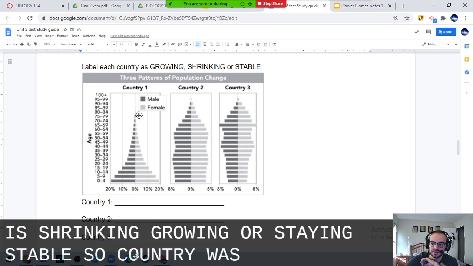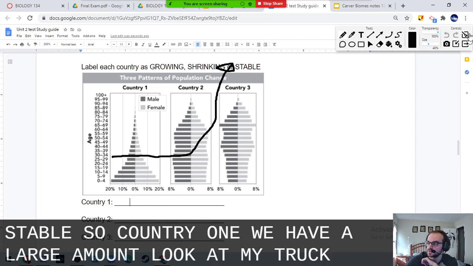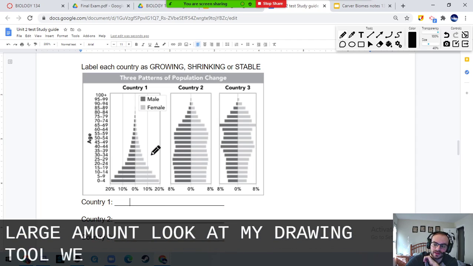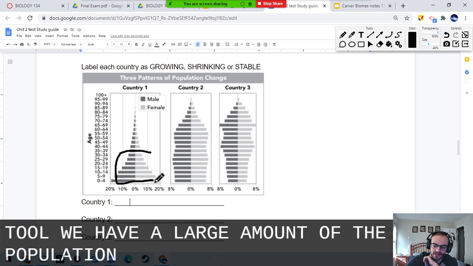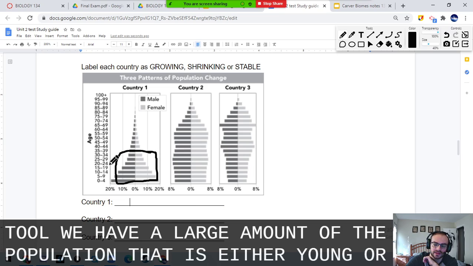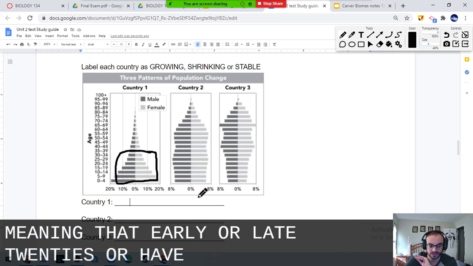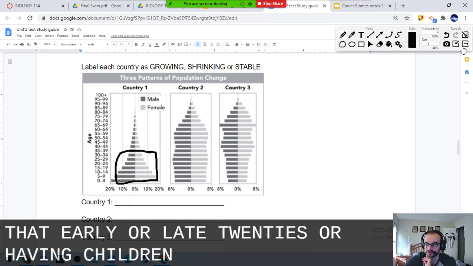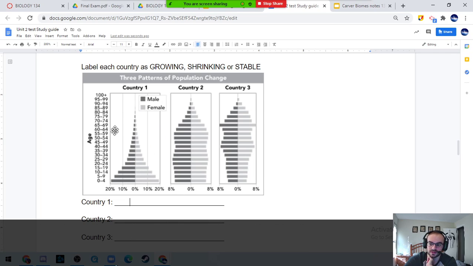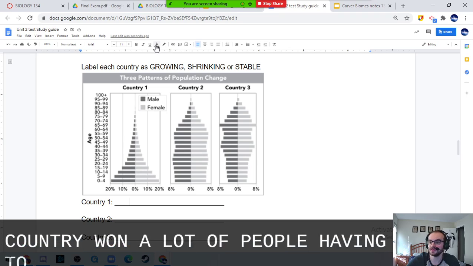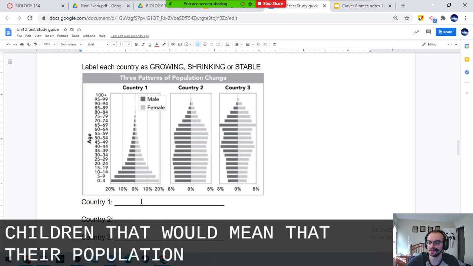So country 1, we have a large amount of the population that is either young or in their early to late 20s, meaning that early to late 20s are having children. All right, so country 1, a lot of people are having children. That would mean that their population is growing.